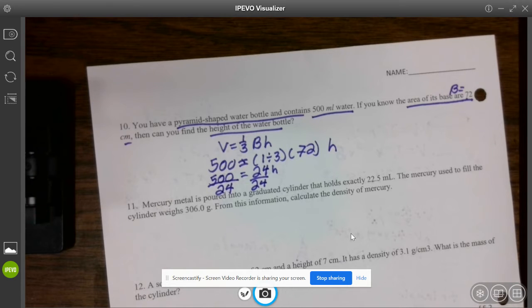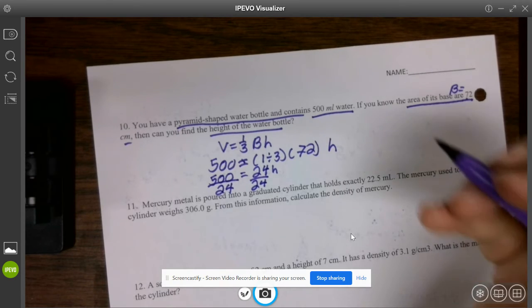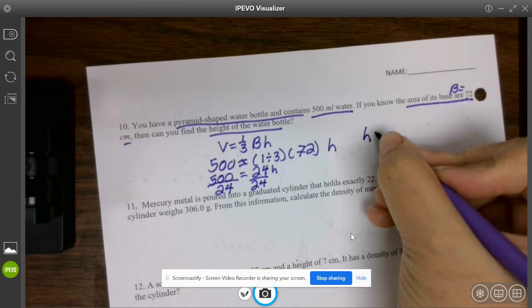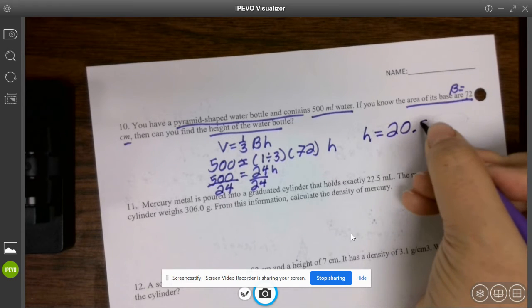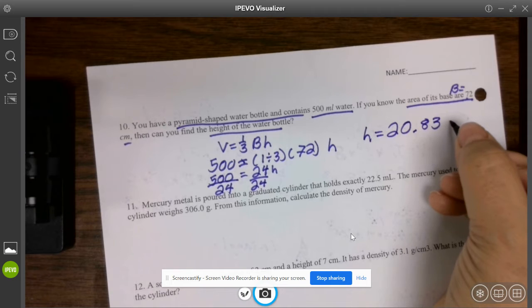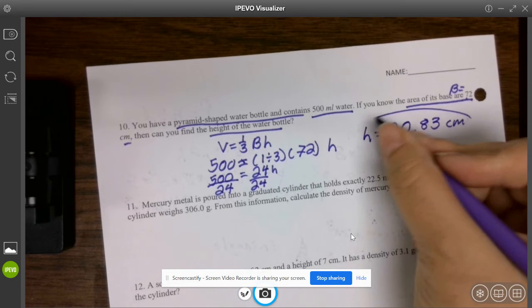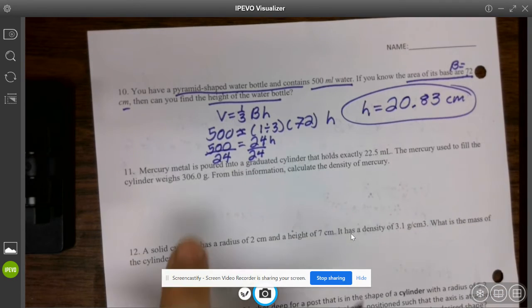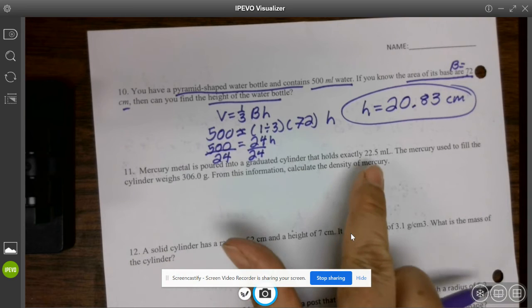So 500 divided by 24, and our height would be 20.83 repeating, so 20.8 centimeters.